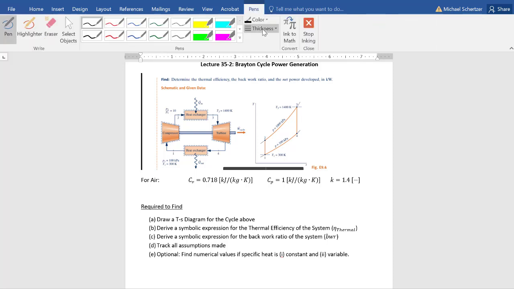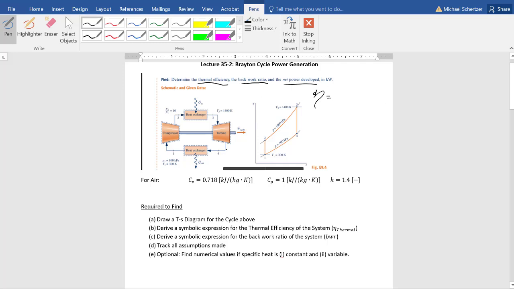So here, right, there's a couple of things that we need to know. Here it wants us to find the thermal efficiency and the back work ratio and the net power. And of course, we would need to find the net power to find the thermal efficiency anyway. Right, so here, if we want the thermal efficiency, we have to say, what's the energy benefit?